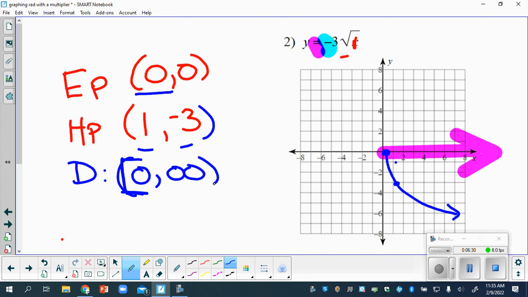But on the negative ones, you've got to be super careful, because look what happens. Our range goes down to negative infinity instead of up. So he's going down to hell instead of going up to heaven.